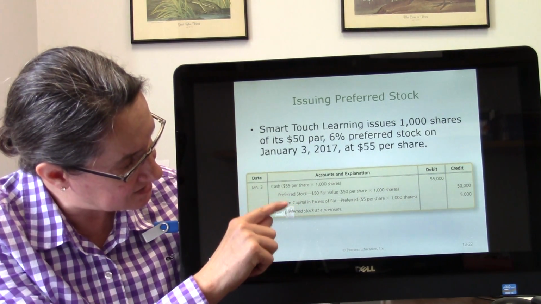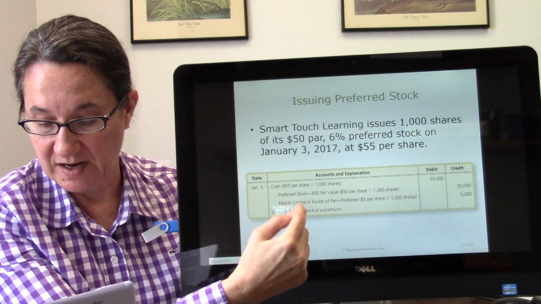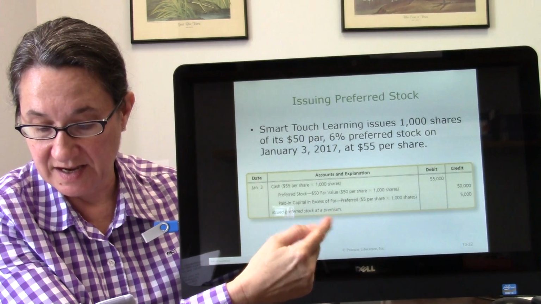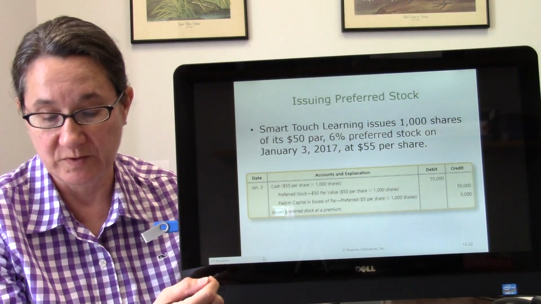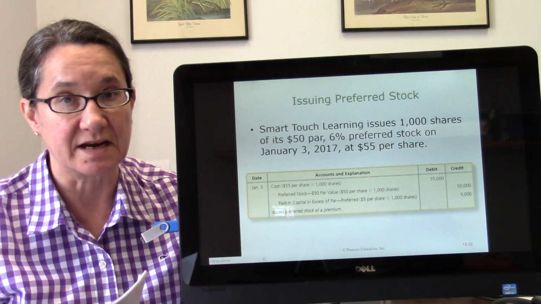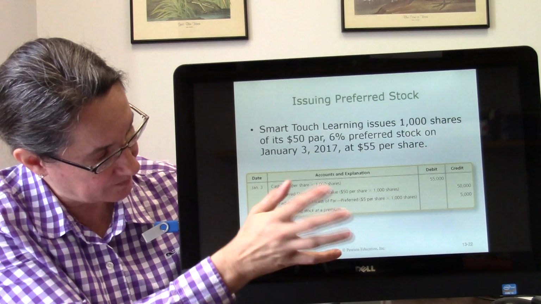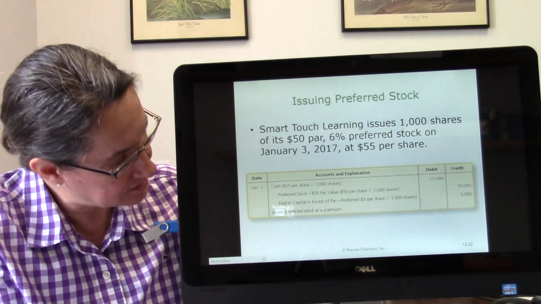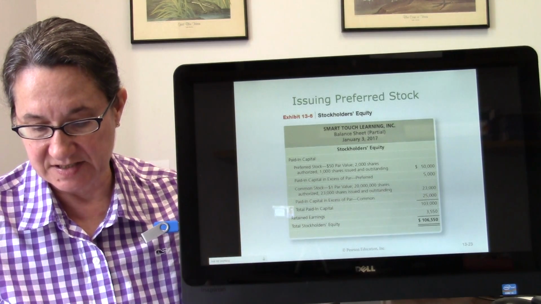So in this case, we're getting in cash, we're putting in preferred stock, and then paid in capital in excess, whatever's above the par value, or it could be stated value. And we put it on the books, we get our cash in, and there's our transaction. What it looks like on the balance sheet is like this.